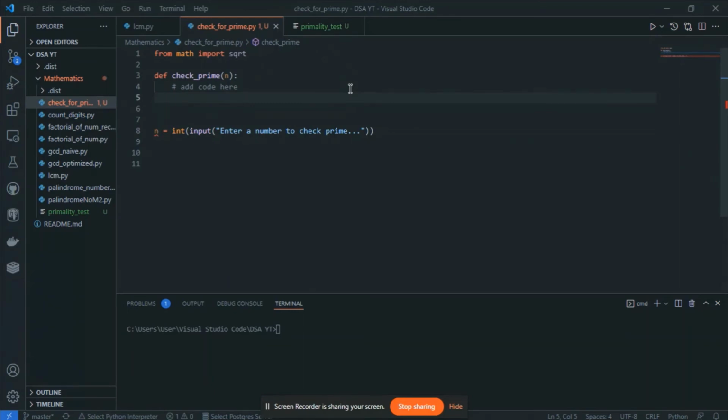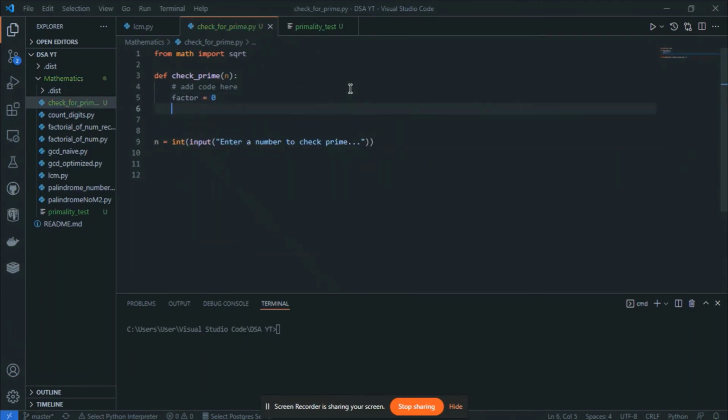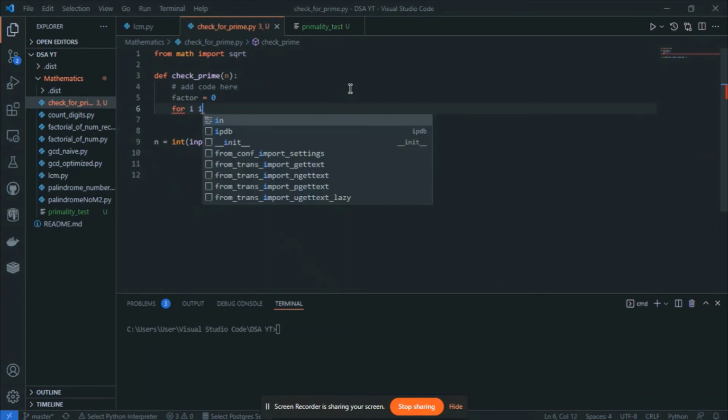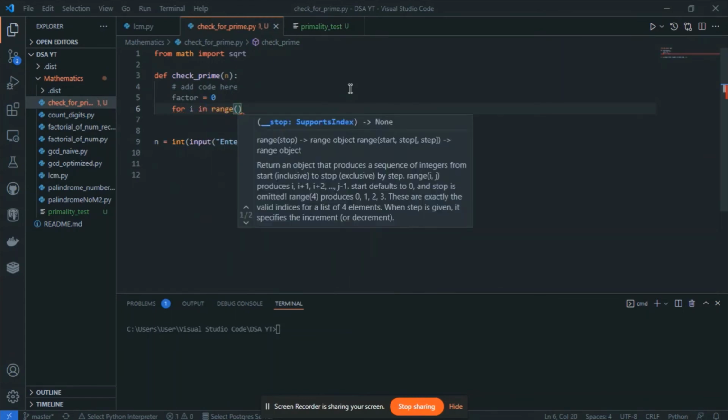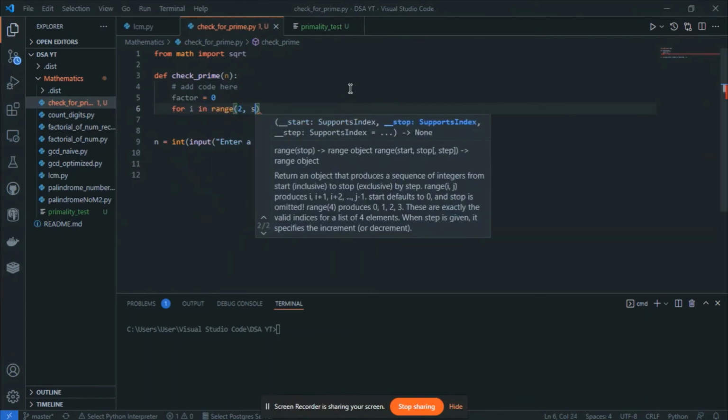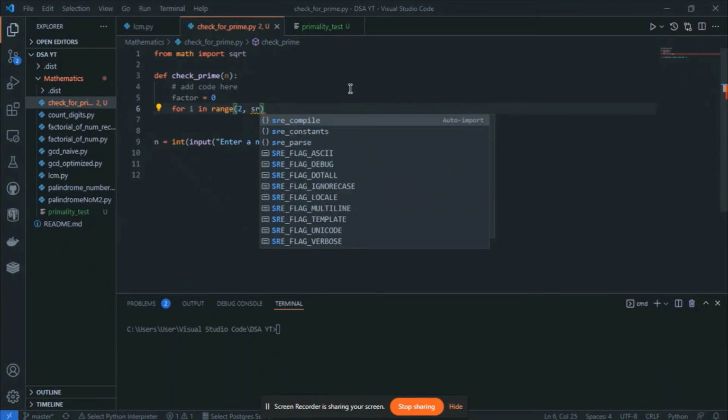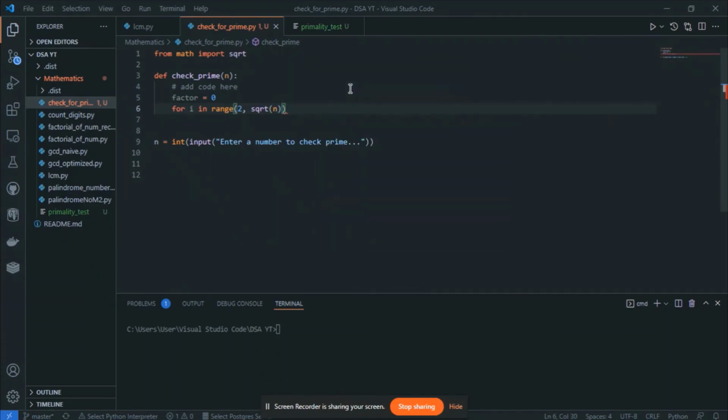What we need to do is check whether the given number is prime or not. First of all, we're going to have a factor variable initialized to 0. If it is 0, then we will say that yes, the given number is prime. We're going to go for i in range from 2 to square root of n, which I have imported, and we need its integer part, so int will be added at the end.